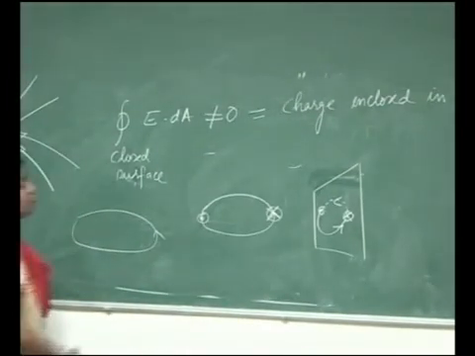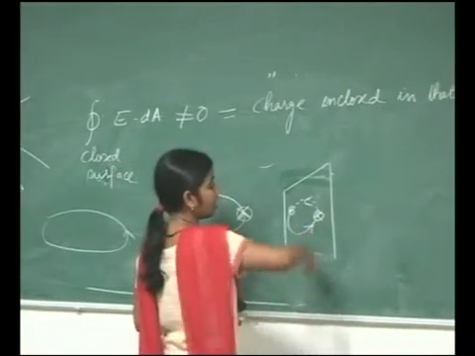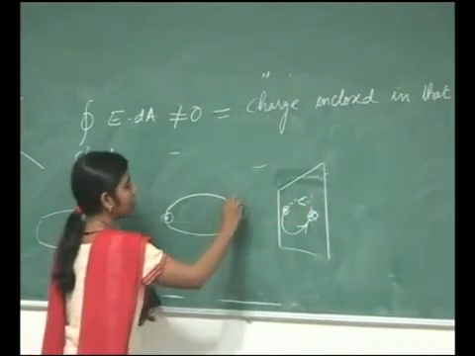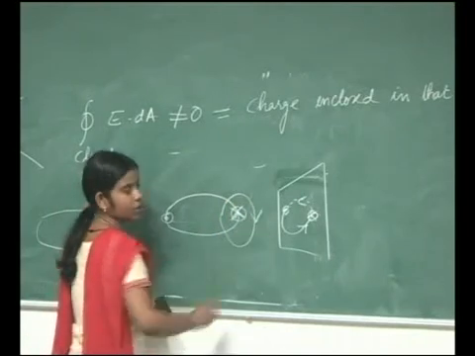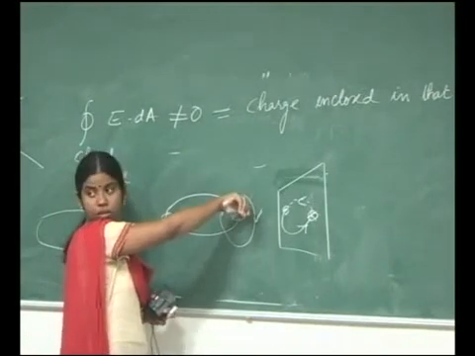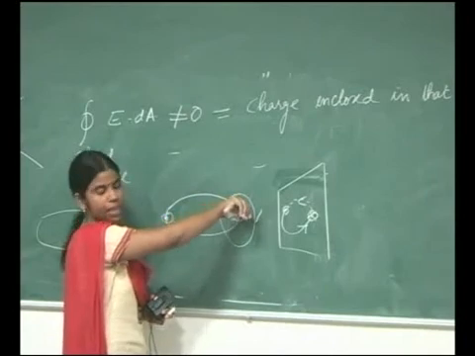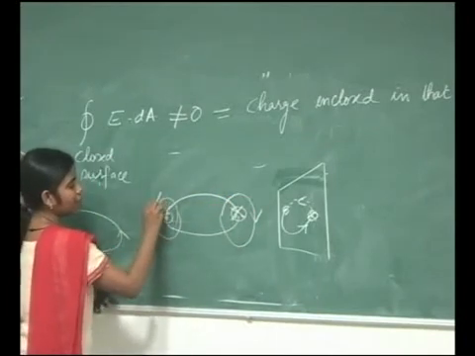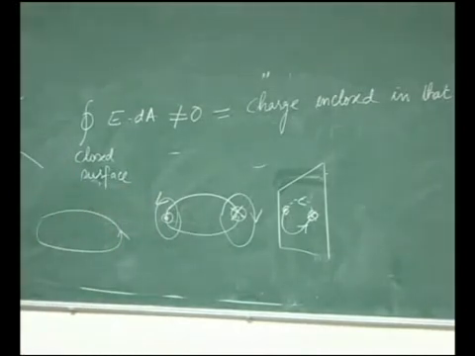If your current is going in, then it is going like this, okay. So, the magnetic field would be like this, okay, and here it is coming out, so the magnetic field would be like this. Is it okay?